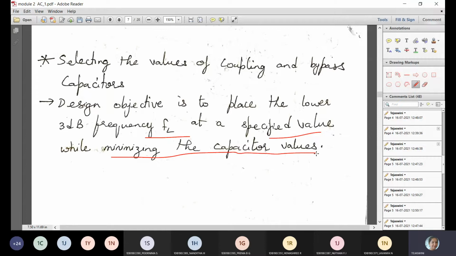If you minimize, it is well and good, because the drawback of a capacitor is discharge. If you use large capacitors, the discharging will take more time. That's why our intention is to get a lower 3 dB frequency FL at the specified value by minimizing the capacitor values.